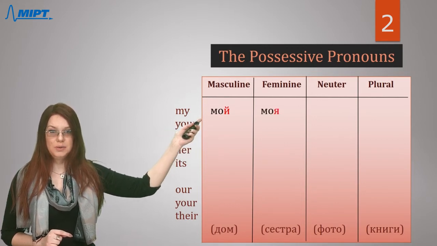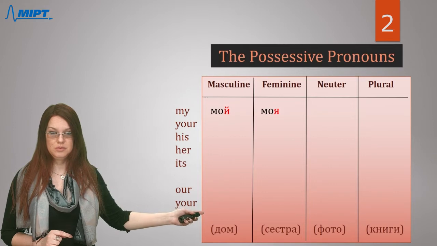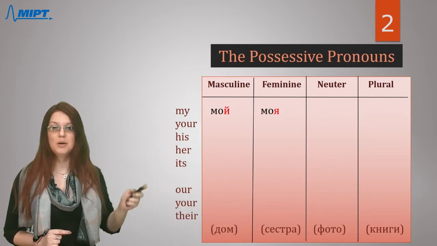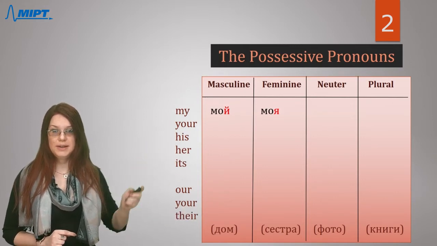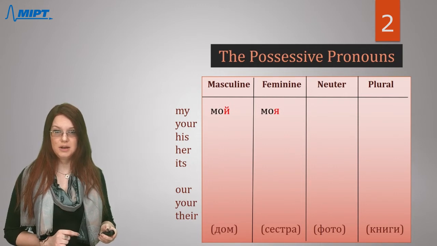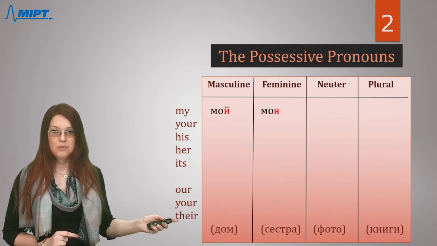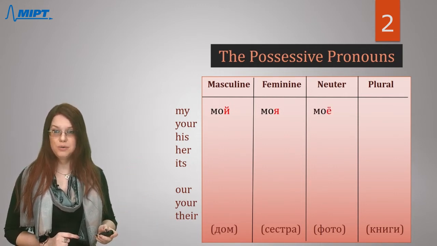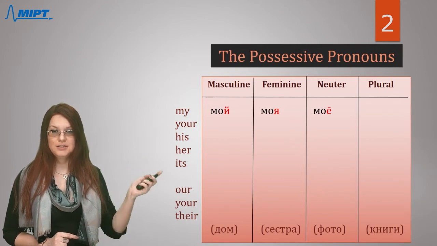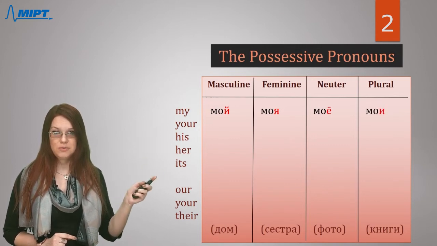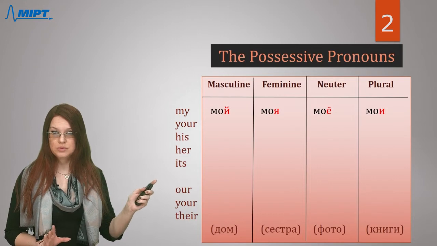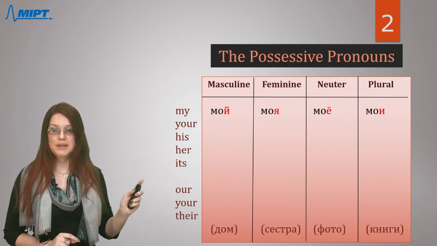My for feminine nouns, for example, сестра, if you want to say my sister, will sound like моя сестра. For neutral nouns, моё. And for plural, if you want to say, for example, my books, we will say мои.